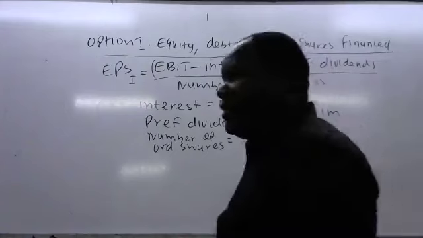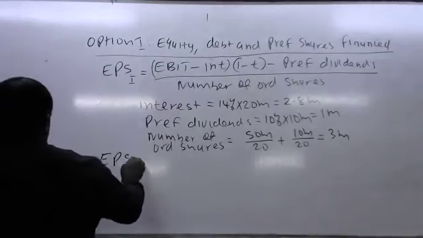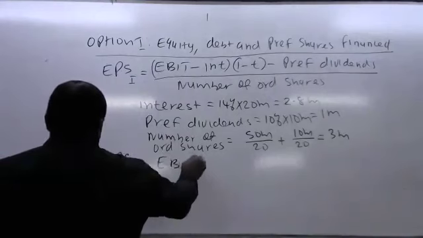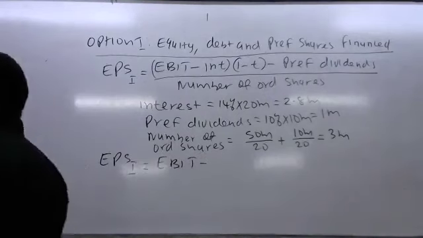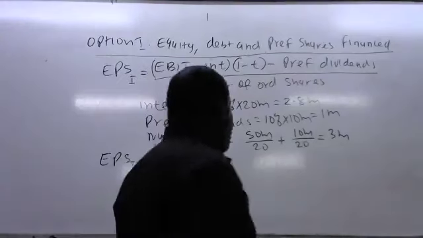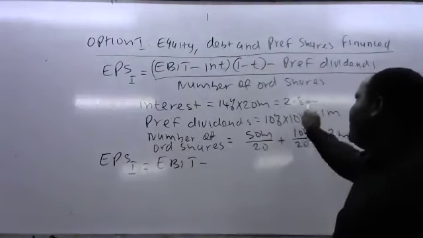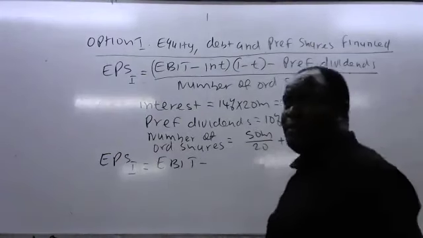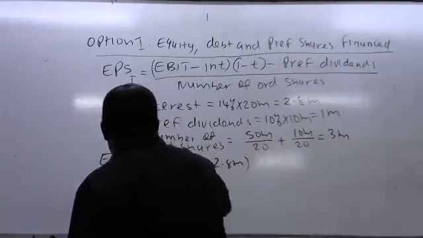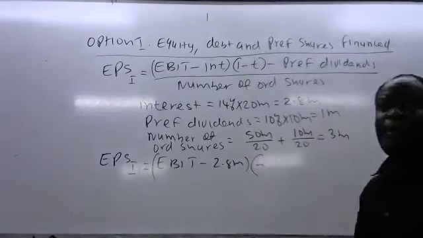Now we go to our equation. Earnings per share for option 1 should be equal. So earnings before interest and tax, we don't know that figure. It is one of the items we are looking for, so we just put it like that. Then we subtract interest, which is 2.8 million. Then in brackets, 1 minus the corporate tax.